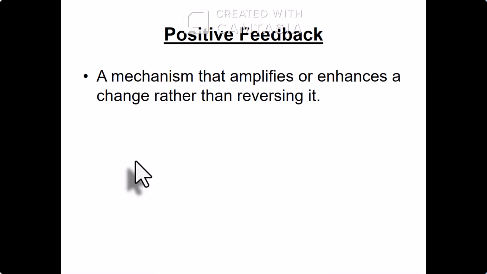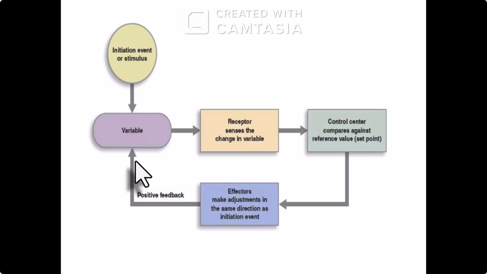Therefore, it is less common than negative feedback. A stimulus initiates a response. Here, the response further increases the original stimulus, and this creates a cycle that continues until a particular endpoint is reached.